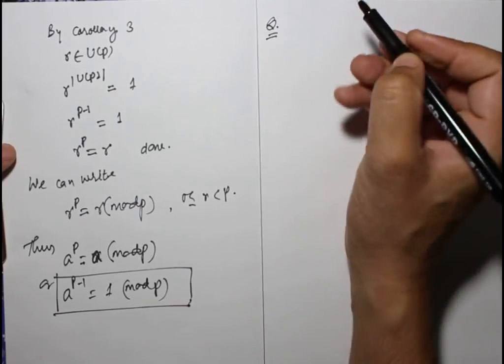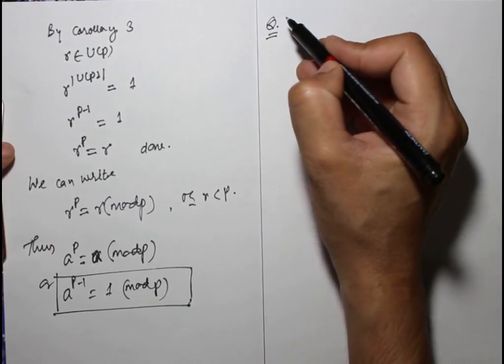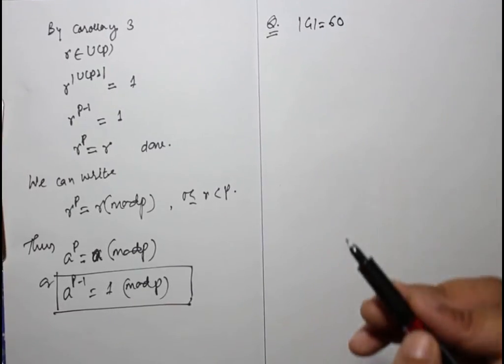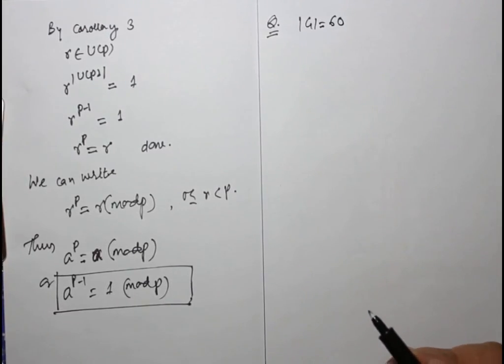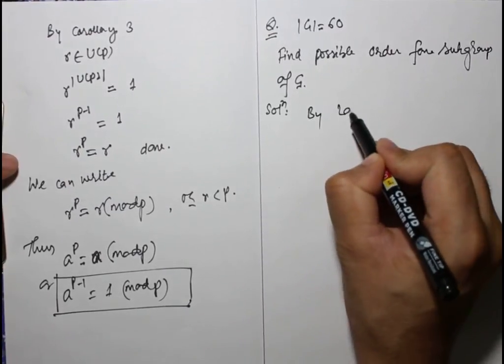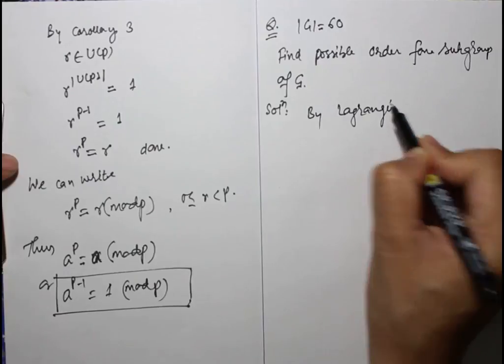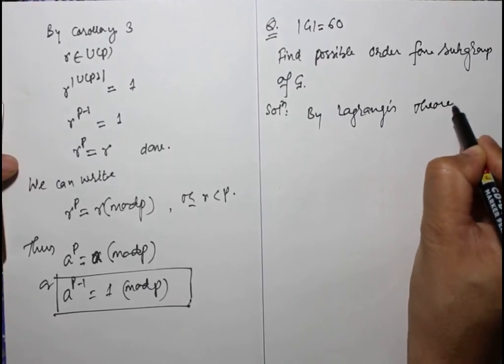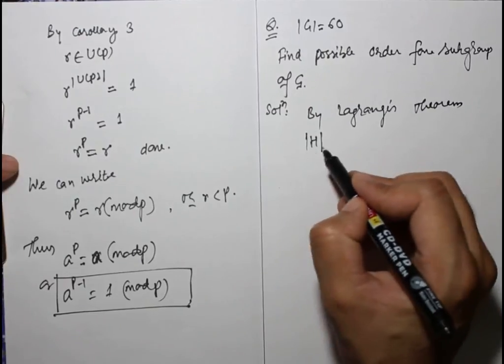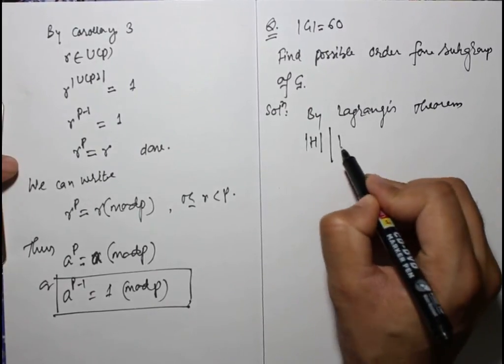This is a question based on the Lagrange theorem. Group order है 60. Then what is the possible order of the subgroup? By Lagrange, order of subgroup divide order of group.